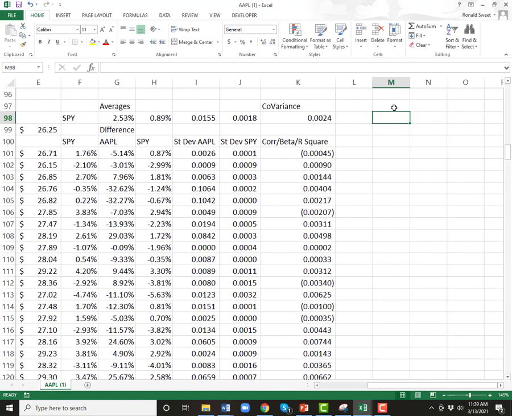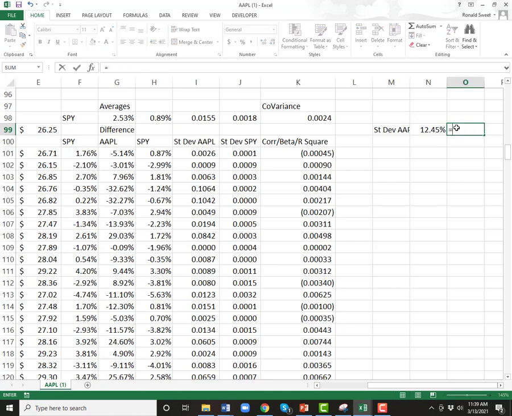And then to get standard deviation for Apple, all we do is take the average, take the square root of the square difference, the average of the square difference. We got the difference from the mean, we squared the difference from the mean, we got the average of that square difference, we take the square root of that, we get that.